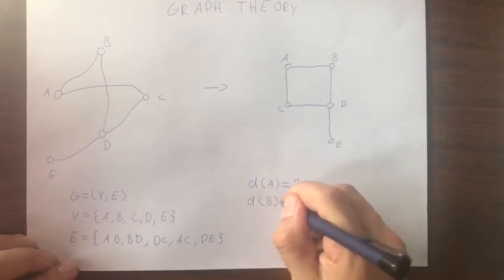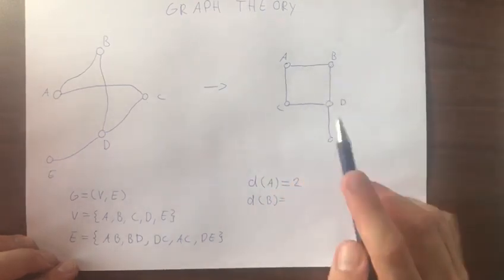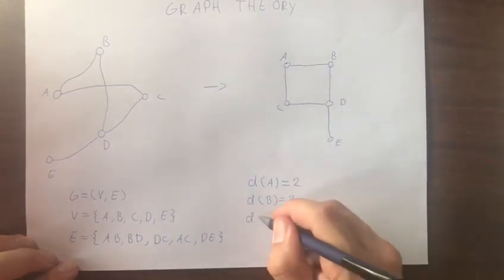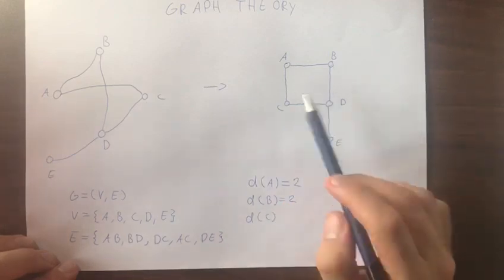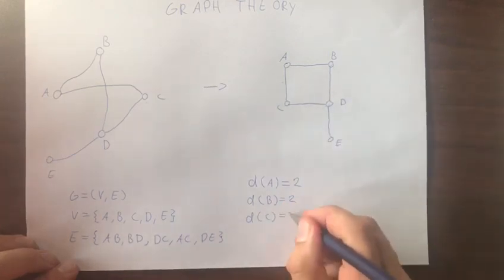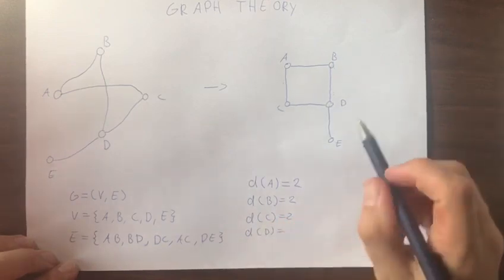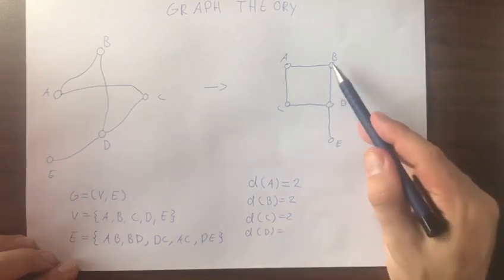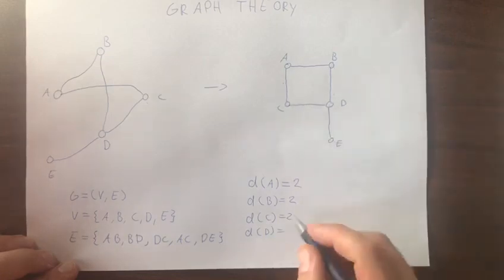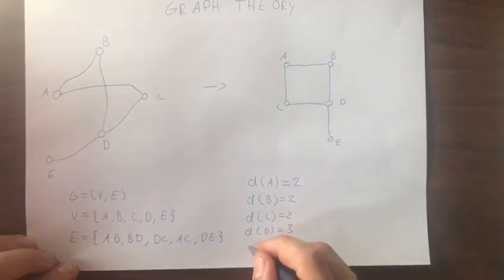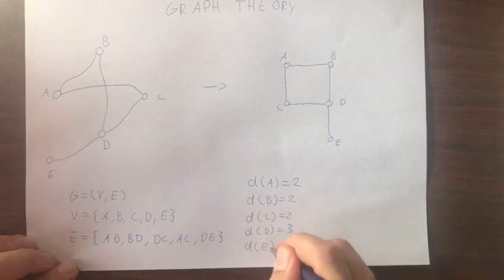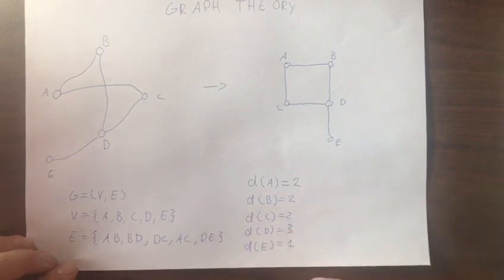The degree of vertex B would also be 2. The degree of vertex C would also be 2. The degree of vertex D will be 3 because it's connected to B, C, and E. So those are 3 vertices. And the degree of vertex E is only 1.